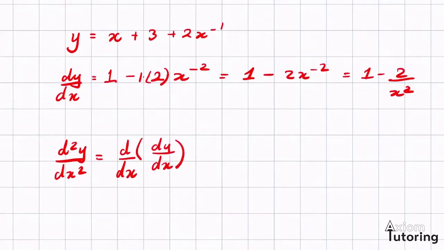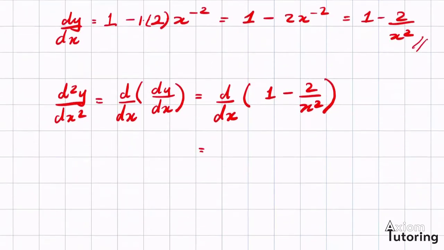Okay, and we write it like that. So when we differentiate the first derivative here, that's equal to d over dx of 1 minus 2 over x squared, as that is our dy over dx.